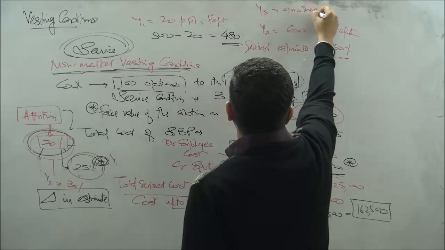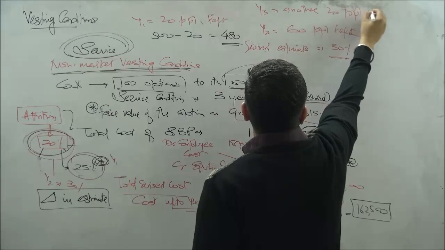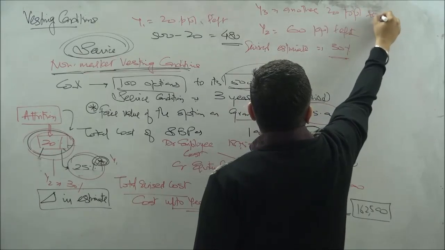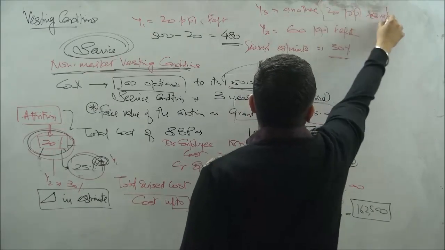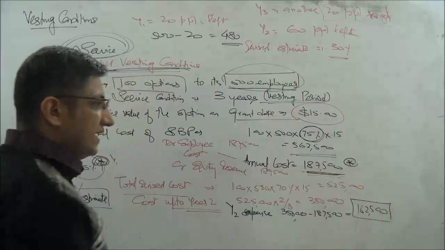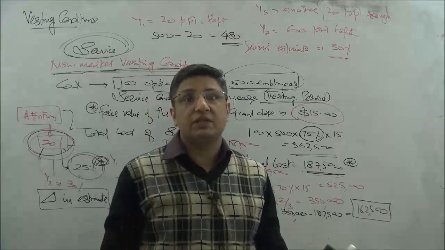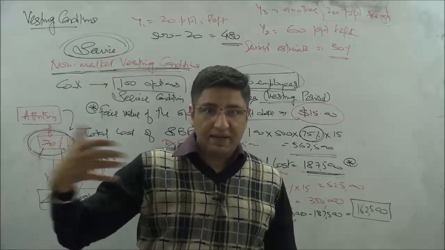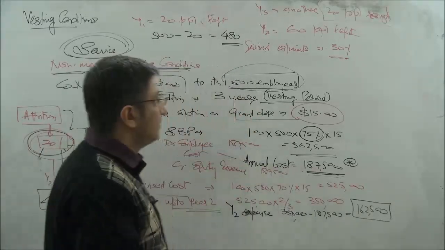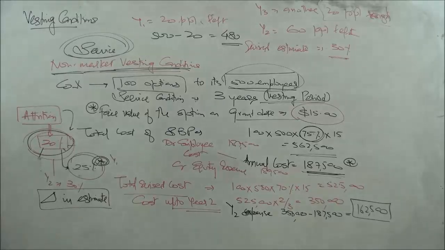another 20 people resign. You would notice you are towards the end of the vesting period. People would prefer to stay with the organization because they know that something is going to come back to them. So accordingly, you would start seeing those movements and changes in the assumptions.